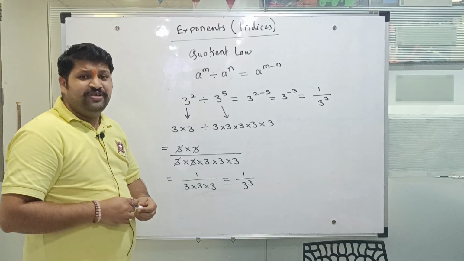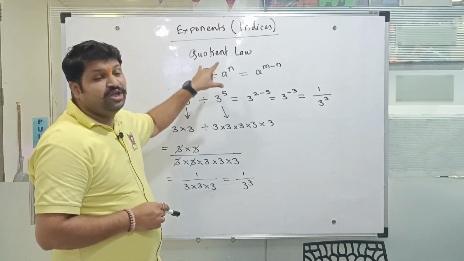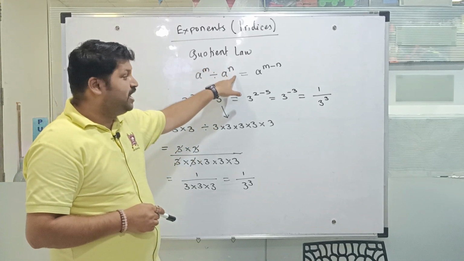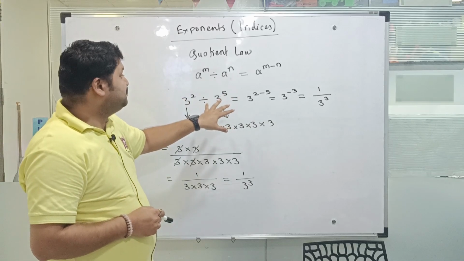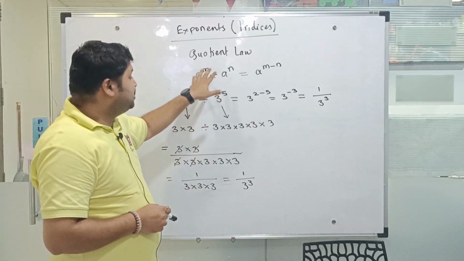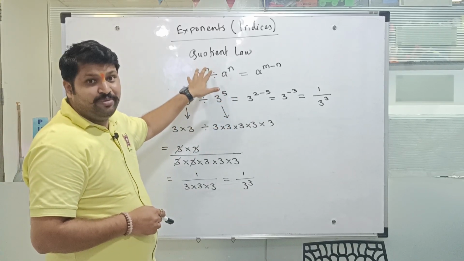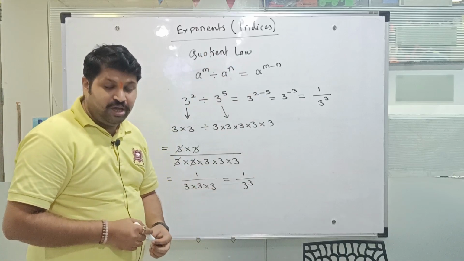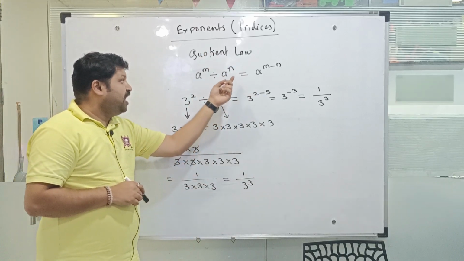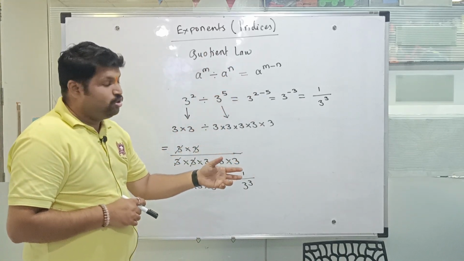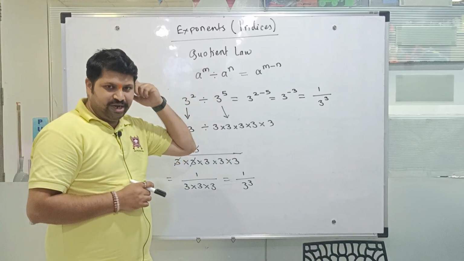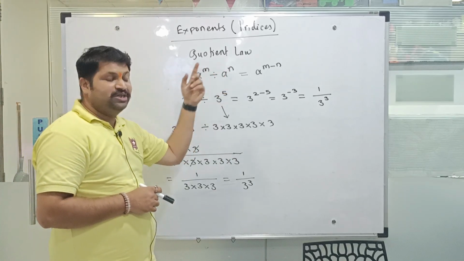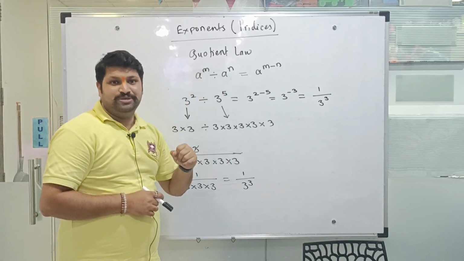So in the first case we saw what happens when both the numbers are positive and m is greater than n. In the second case we saw both the indices are positive and m is smaller than n. Now let's see what happens when n is a negative integer, or either one of them is a negative integer.